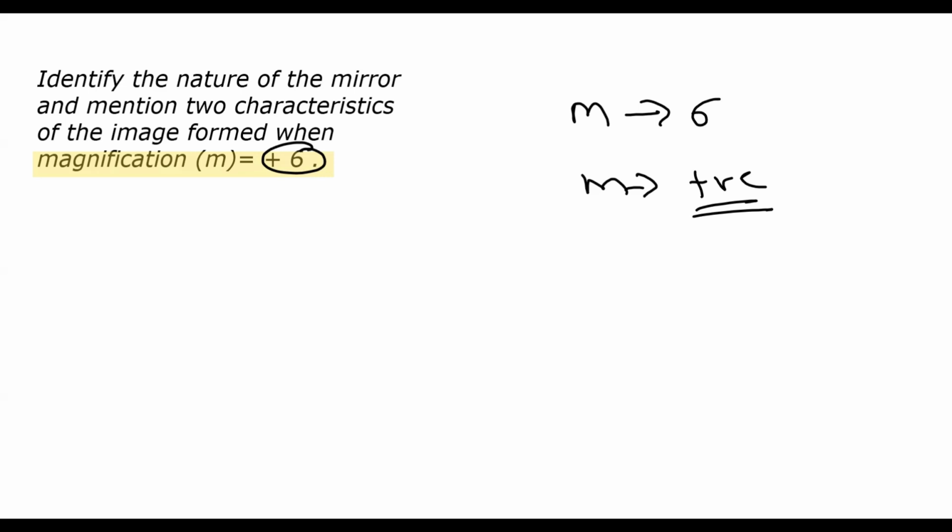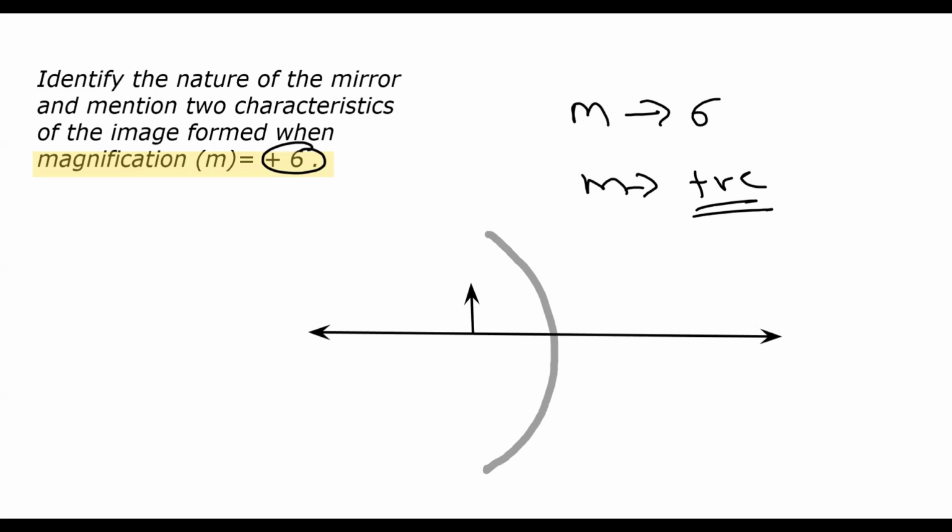And what you should remember, this is only possible in case of a concave mirror, because we are talking about a mirror, not the lens. So when the object is placed in front, between F and P, the pole, and this is F, the image formed is virtual, erect, and enlarged.